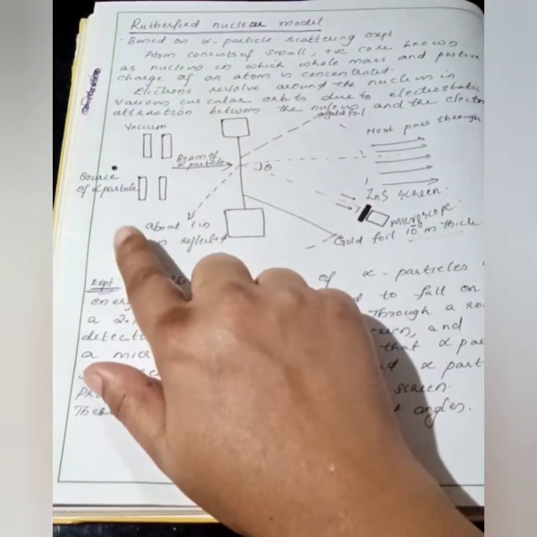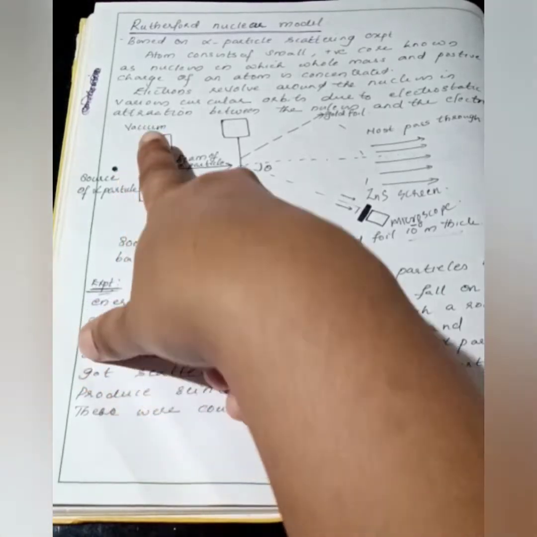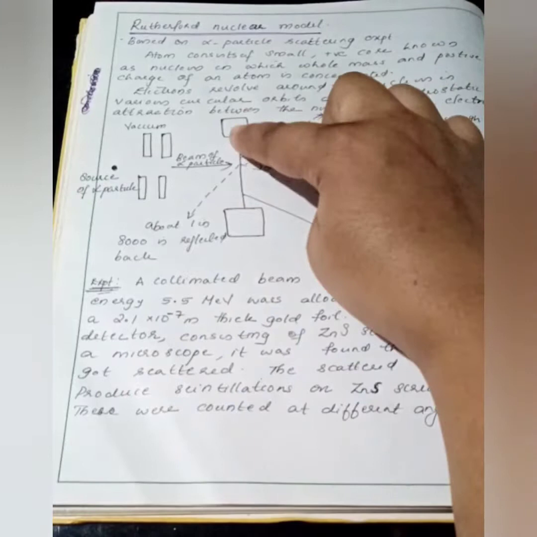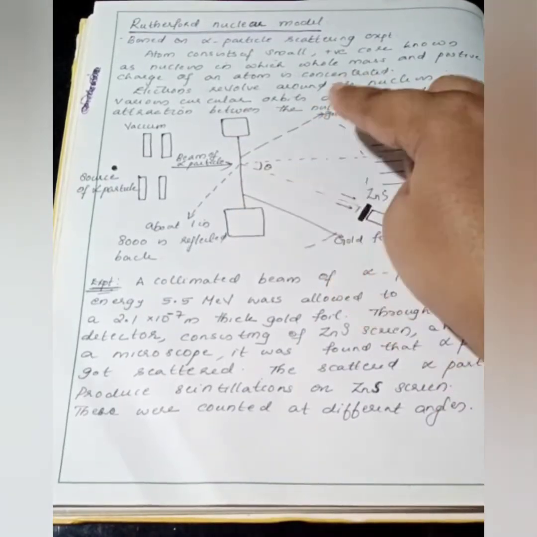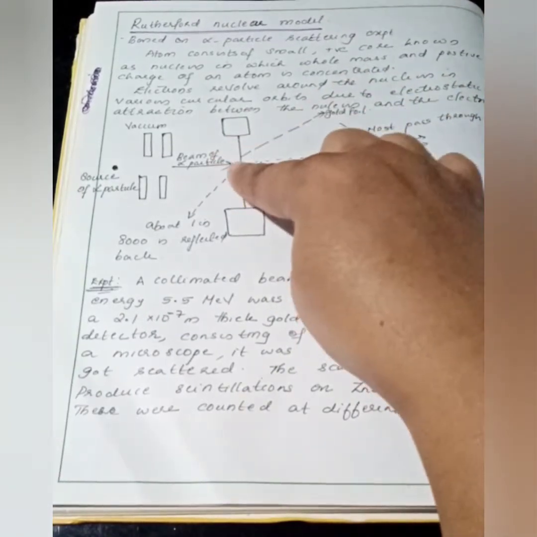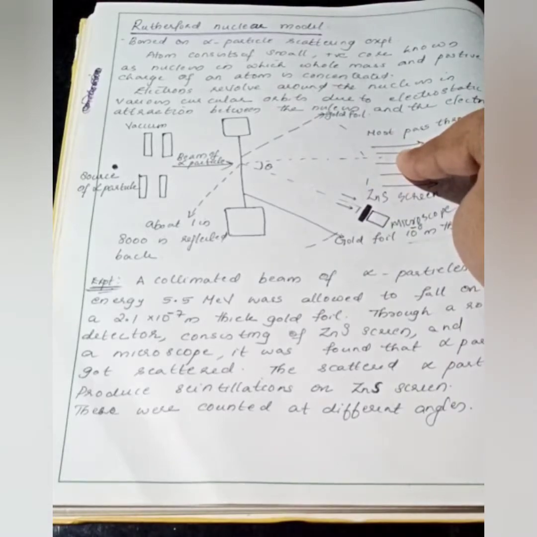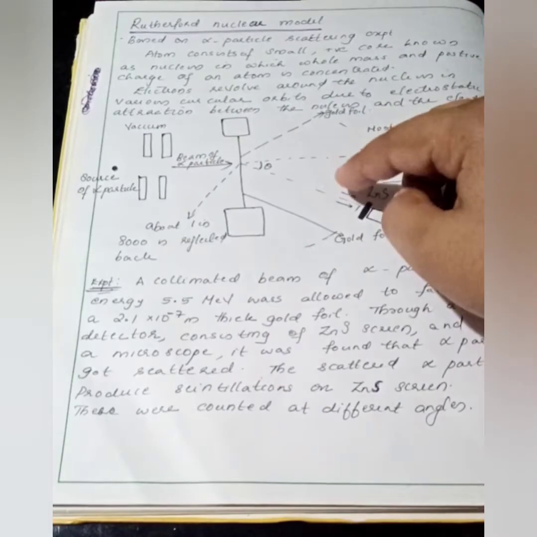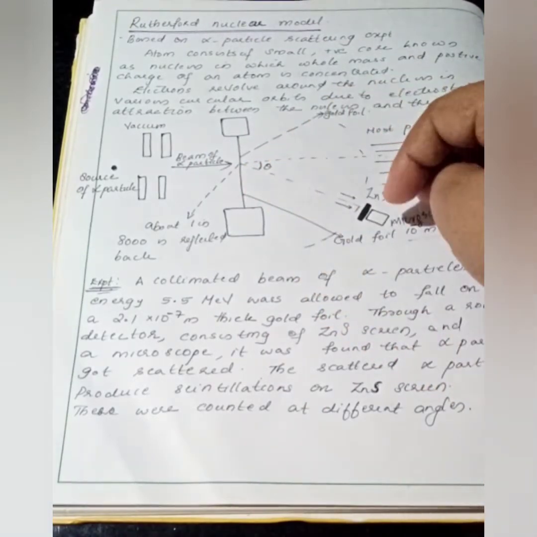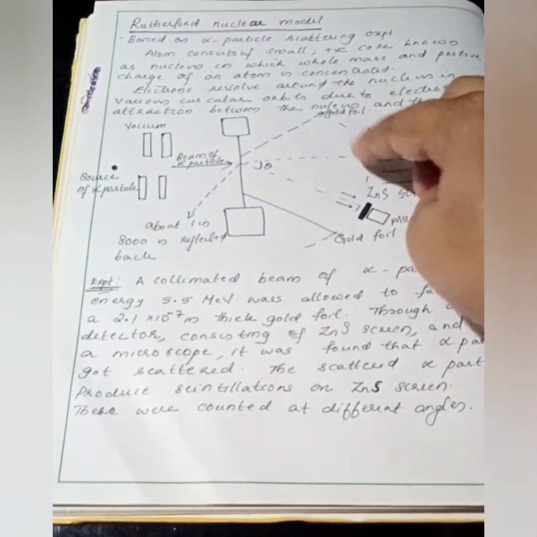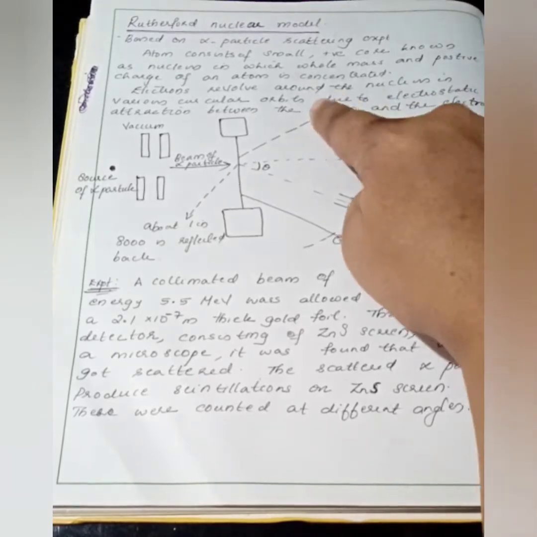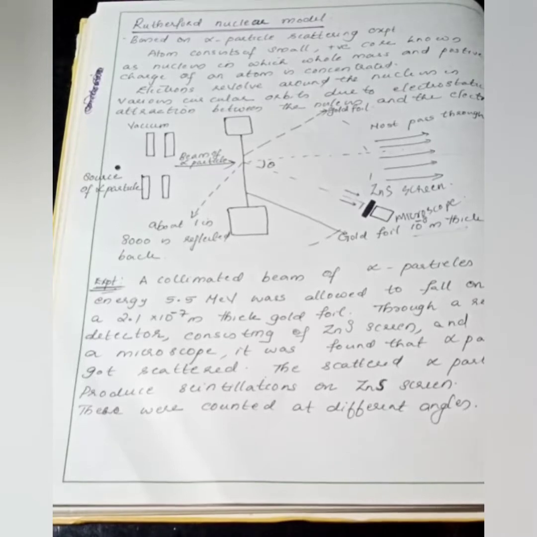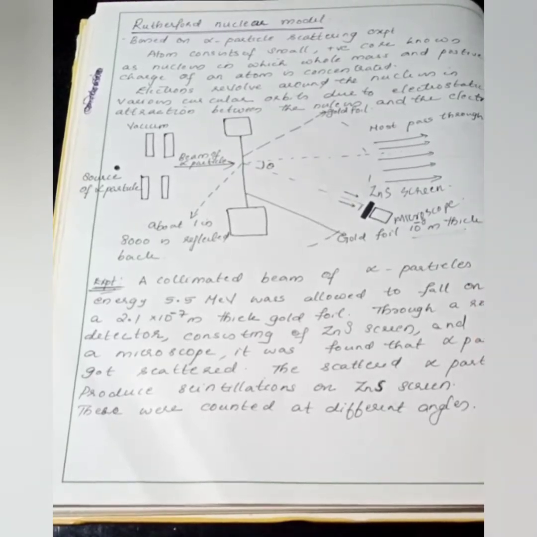We have a source of alpha particles which provides a collimated narrow beam that strikes the gold foil. After striking, most of the particles will pass through, or they will get scattered or deflected. To measure the scattering spots or angles, a microscope and a zinc sulfide screen were there. An important thing: the gold foil thickness is 10 raised to minus 8 meter.